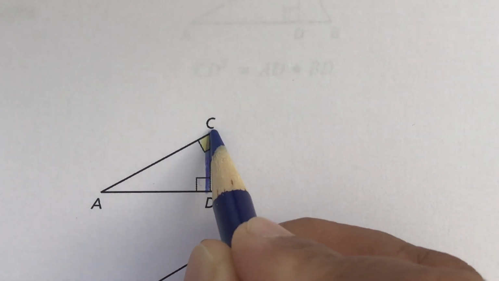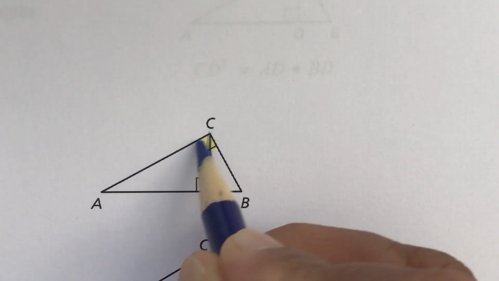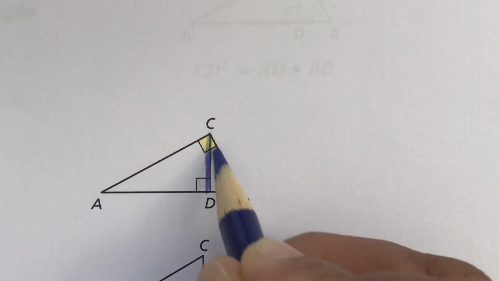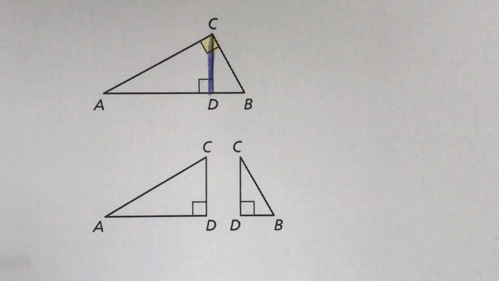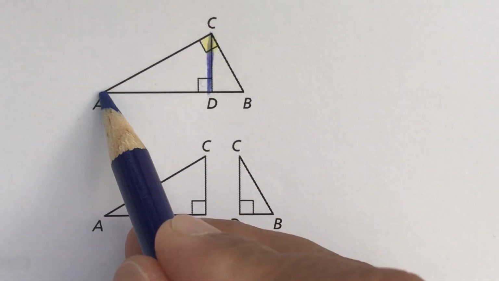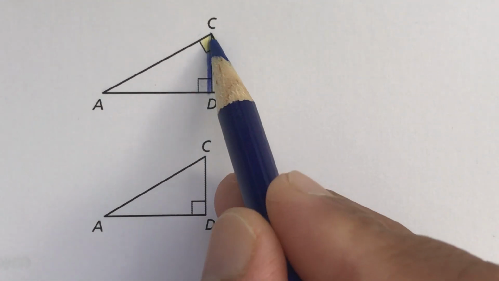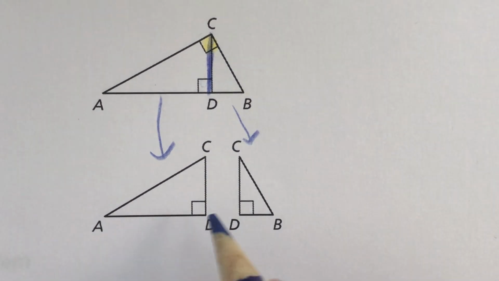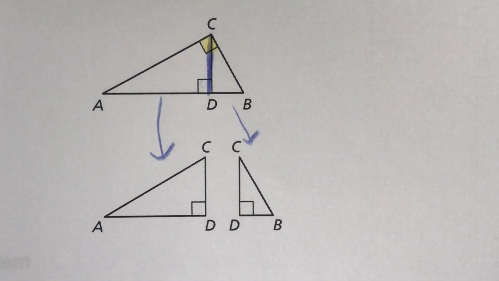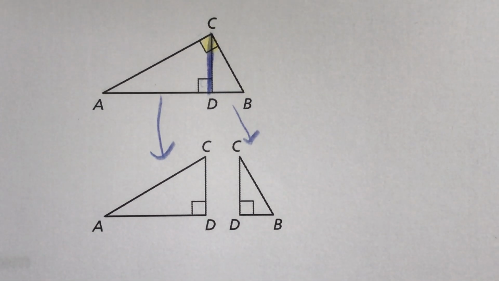Then the original bigger one and the new two smaller ones, this left hand side one and this right hand side one, they're going to be similar to each other. What they have done, they already showed you these two triangles drawn separately here so that it's easier to understand.